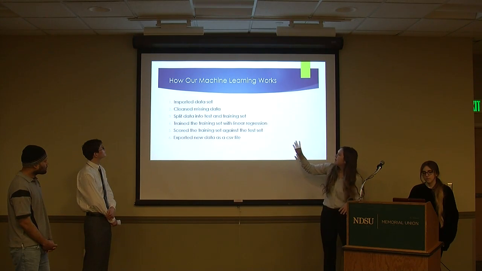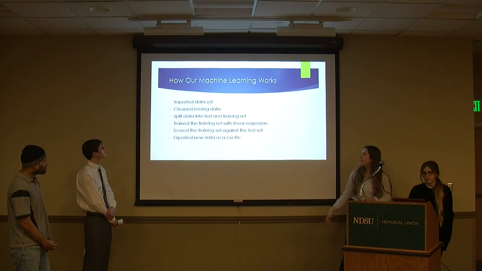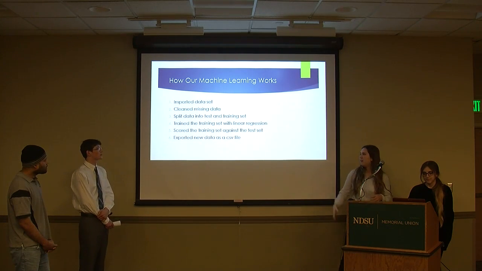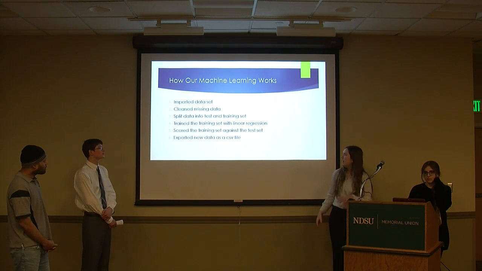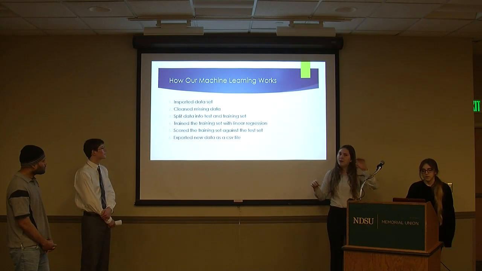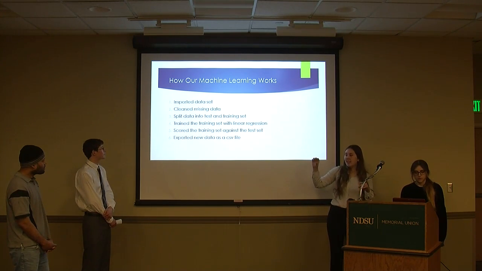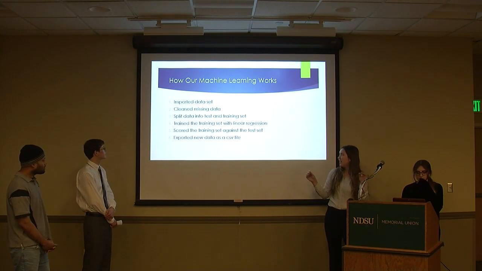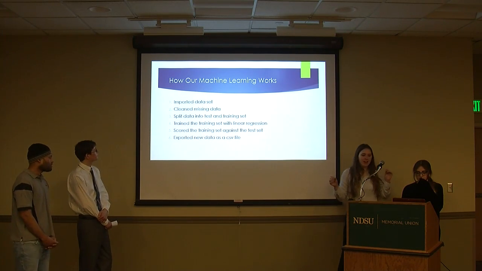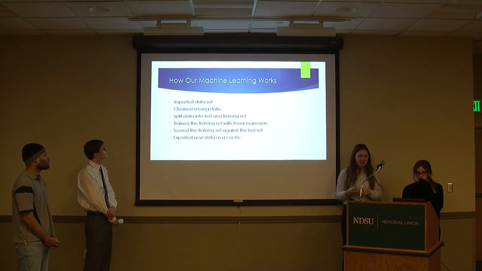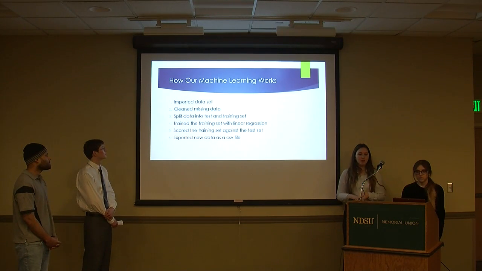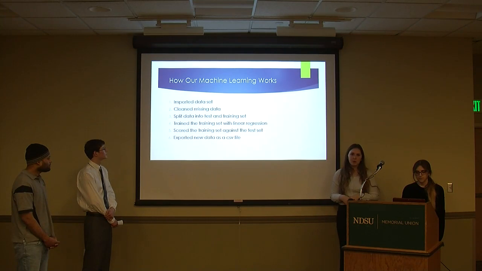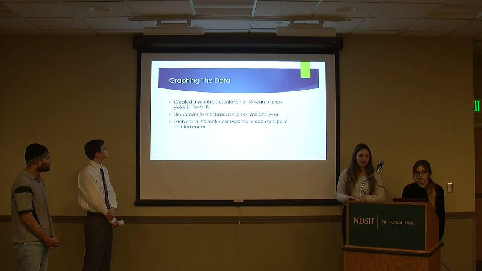You can see we imported the data set from them first, and then we cleaned up the missing data, as Am was saying, and then we split the data into a training set and a testing set. Then we train the training set with linear regression, and then we score them against the test set, and then it predicts and makes a new CSV file that we can export and then visualize.